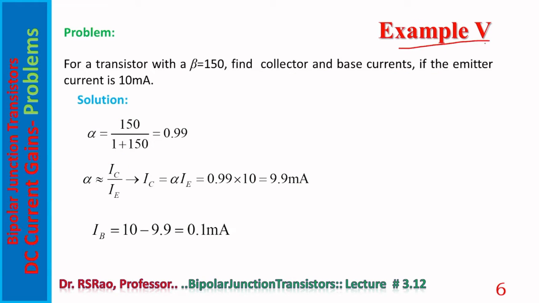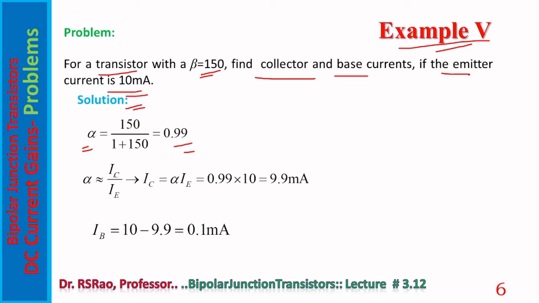Another problem, example 5. For a transistor with a beta of 150, find collector and base currents if the emitter current is 10 milliamperes. Beta is given. From beta one can find alpha. Solution process, alpha is beta by 1 plus beta. It turns out to be 0.99.